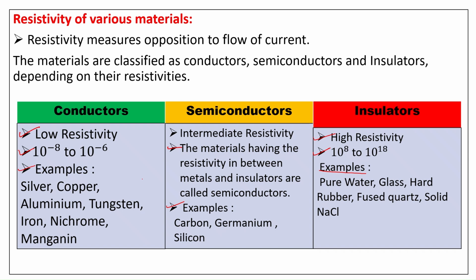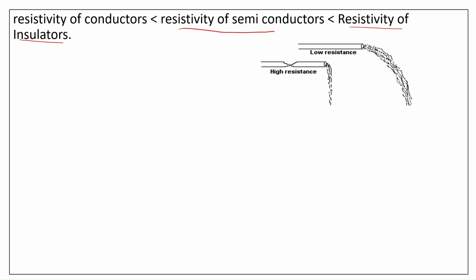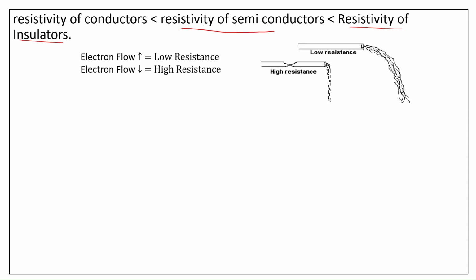Therefore, resistivity of conductors is lesser than resistivity of semiconductors, and resistivity of semiconductors is lesser than resistivity of insulators. That is, resistivity of insulators is high and resistivity of conductors is less.